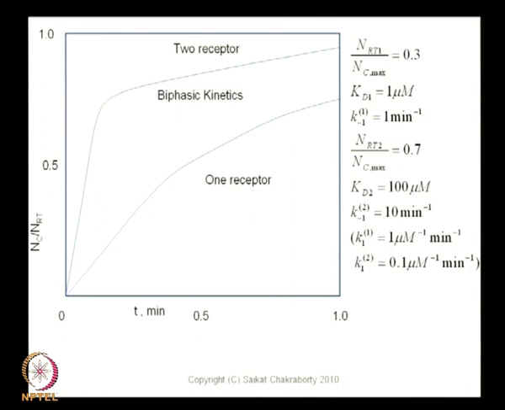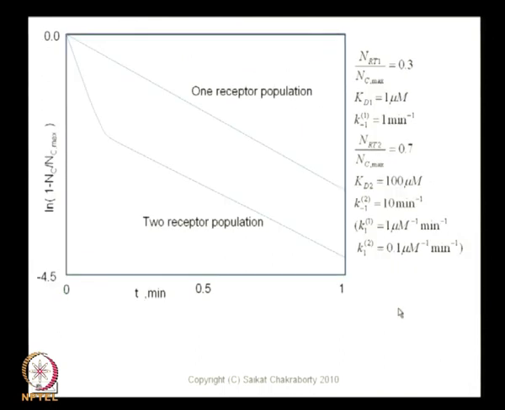If that happens, NC max will be nRT1 plus nRT2. So nRT1 over NC max is 0.3 and nRT2 over NC max is 0.7, and the summation of these two is 1. The maximum number of receptor complexes that can be formed is the sum total of the two kinds of receptors.